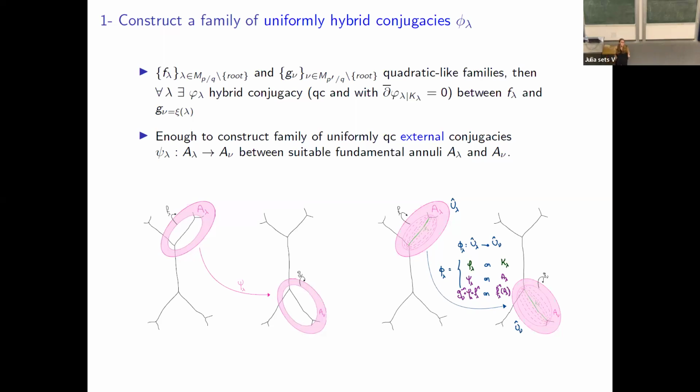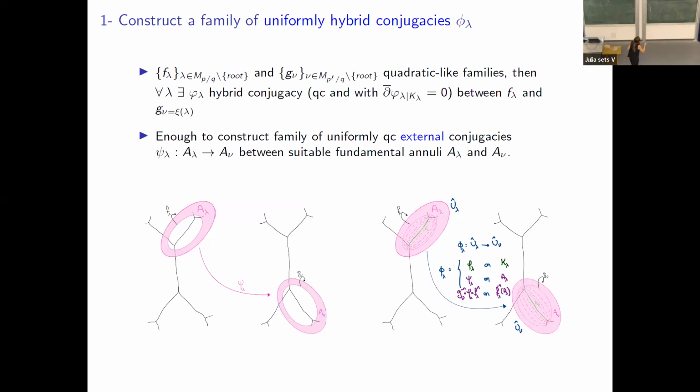Riemann lemma. Because then how you construct your hybrid equivalence, you take the hybrid conjugacy given by Douady-Hubbard on the field Julia set, and you know that that one has d bar 0. Then you take the external equivalence between the annuli, you pull it back by the dynamics, and you glue them together by Riemann.